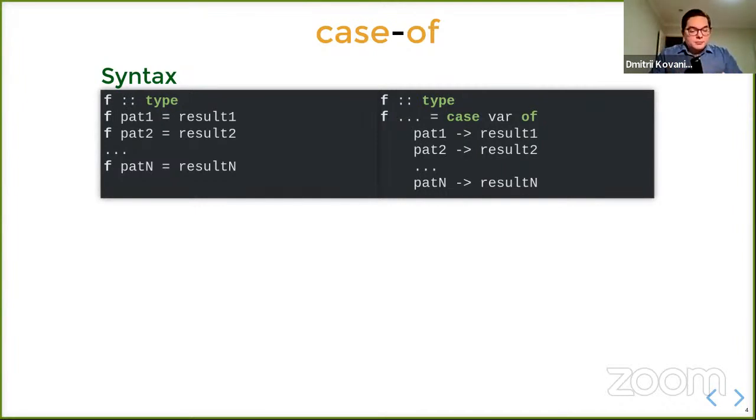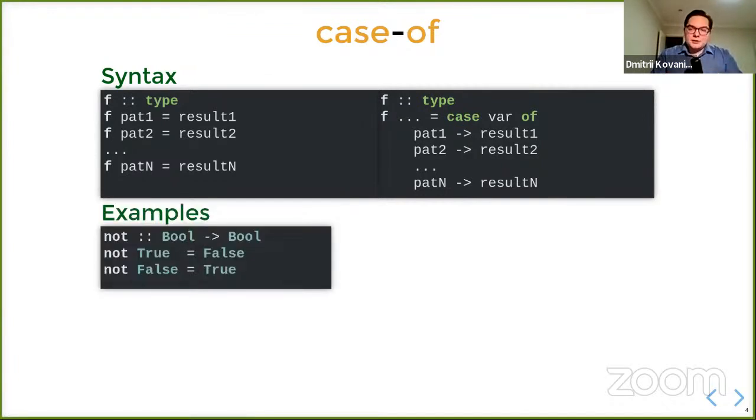So these are basically the same two ways, and depending on which style you prefer, you can use either of them. Sometimes your function name can be really long and you don't want to repeat it on each line multiple times, so you use case of. On the other hand, the pattern style may look more neat, depending on the situation. Let's look at some examples.